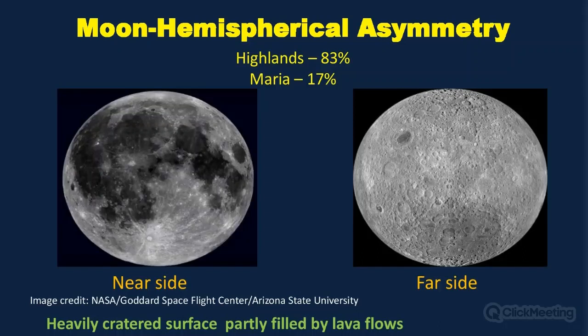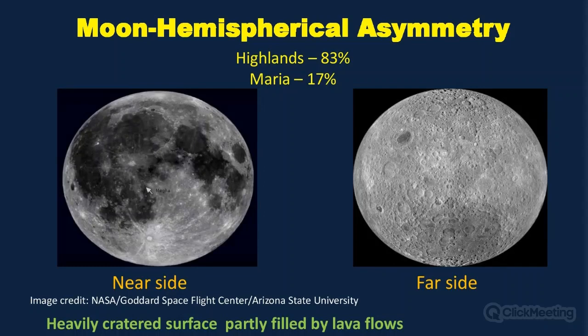This was not known before having an orbiter mission to the Moon, because only the near side of the Moon is facing towards Earth. So through telescopic observation, we could only see this kind of features.